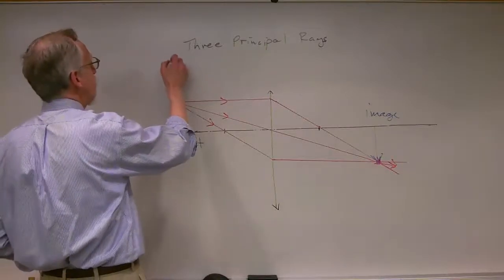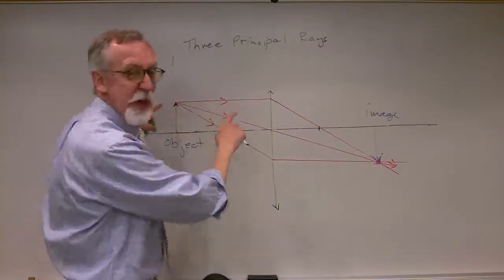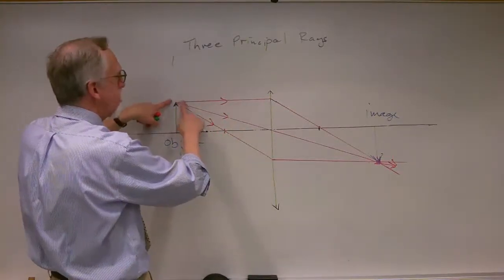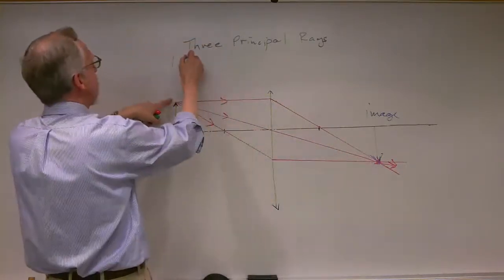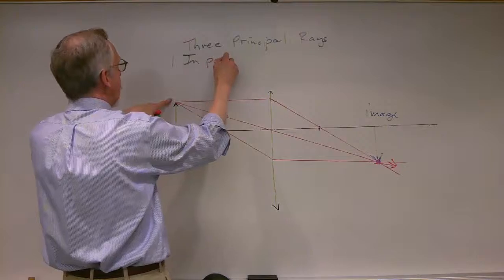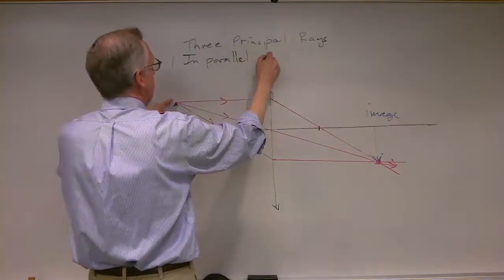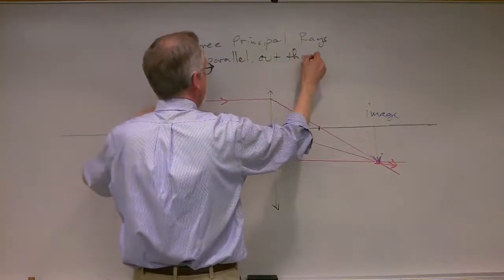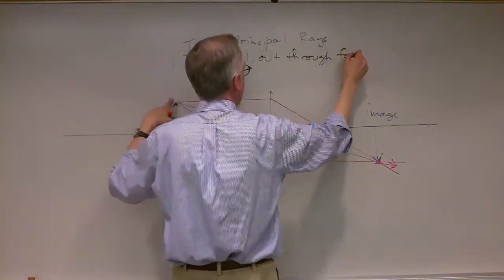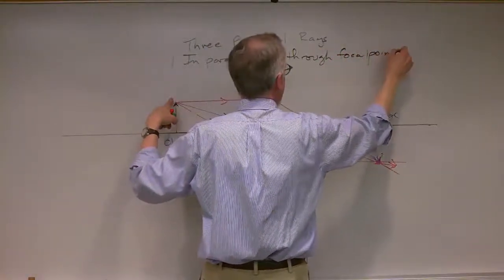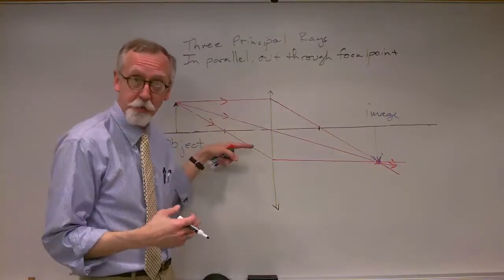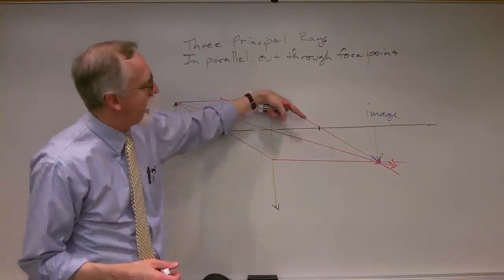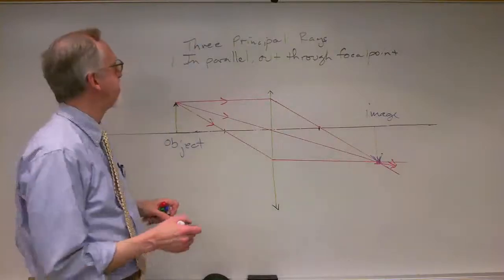So let's write down what our three principal rays are. Okay, ray number one. We'll write this shorthand. A ray that comes in parallel goes out through the focal point. So in parallel, meaning parallel to the principal axis, is refracted out through the focal point.